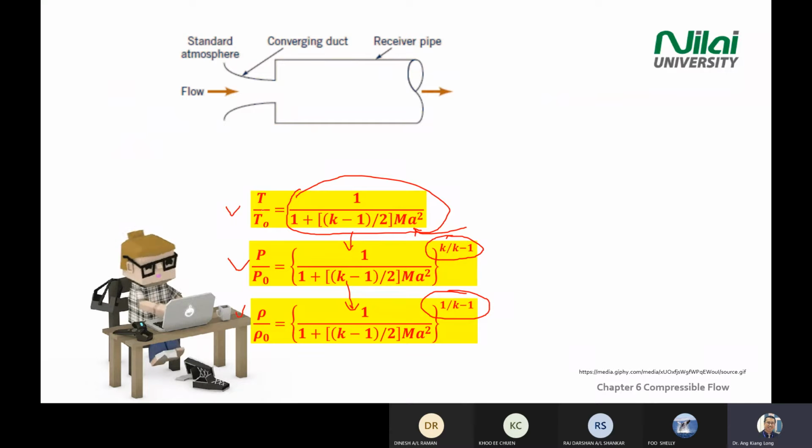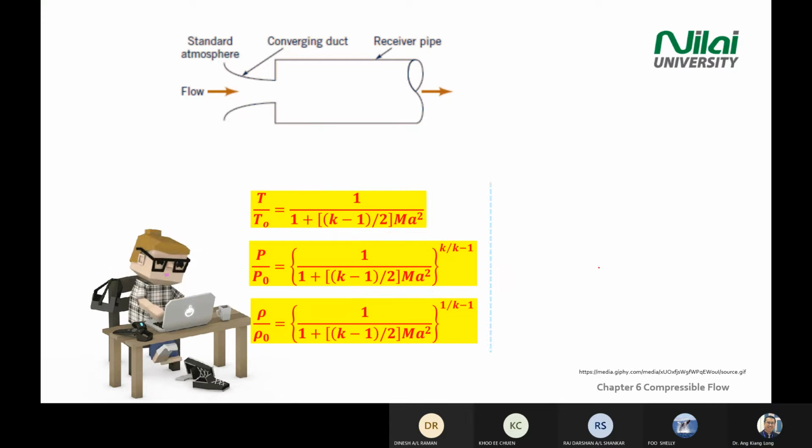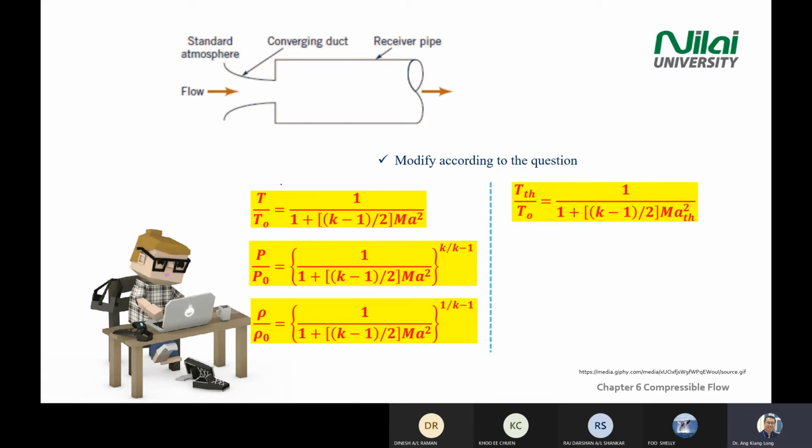It's different if you convert temperature, pressure, and density. So we modified according to our question. We modified the left-hand side equation to the throat condition. The temperature here defines the Mach number, so if you change to the throat, the Mach number also follows the throat condition.